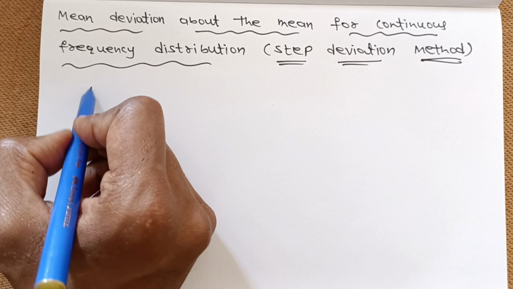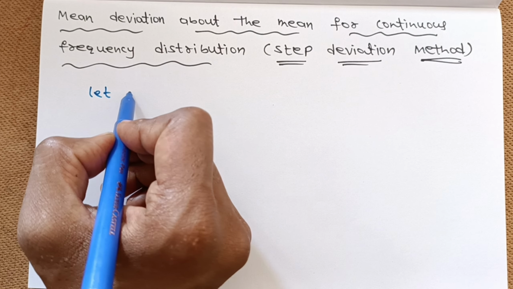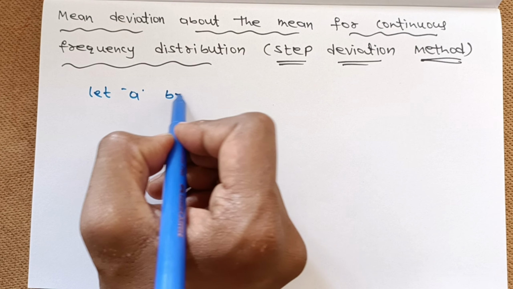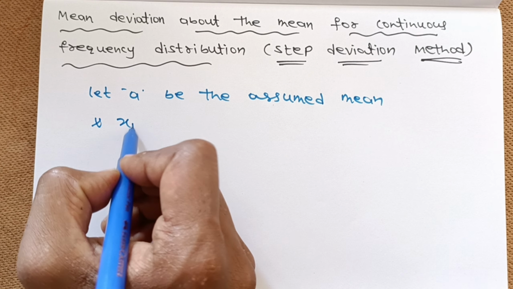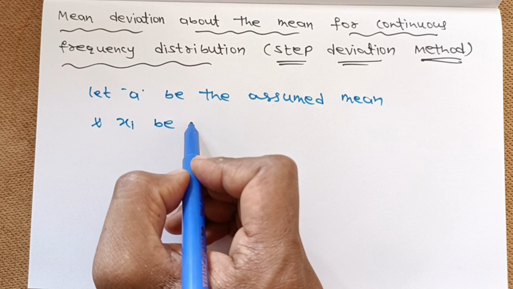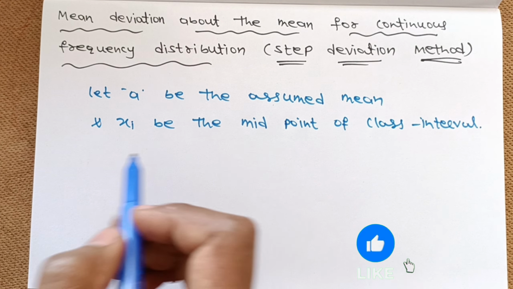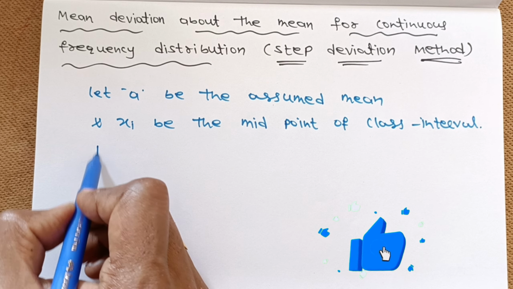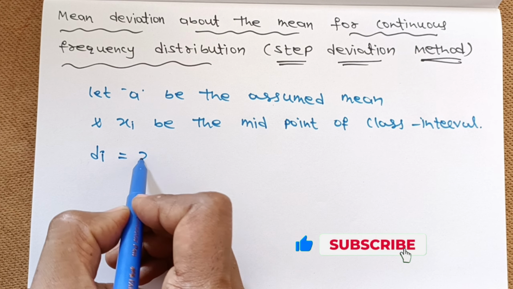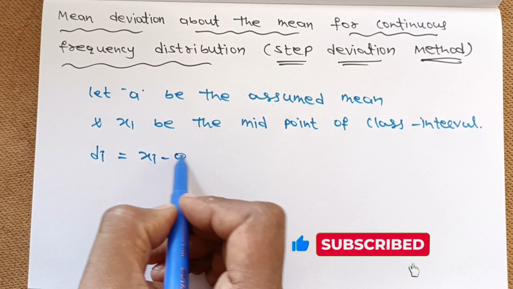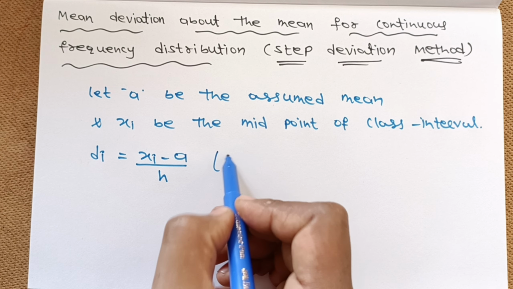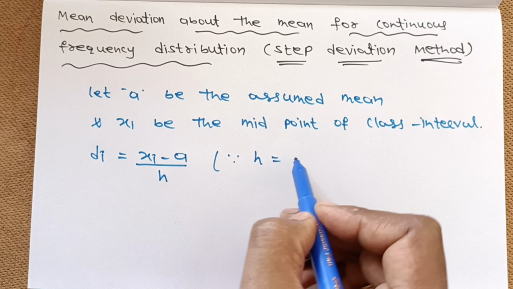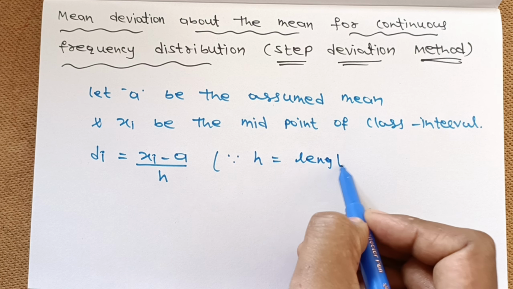For finding the mean, let small a be the assumed mean and xi be the midpoint of the class interval, and the new variable di equals xi minus a, divided by h, where h is the length of the class interval.